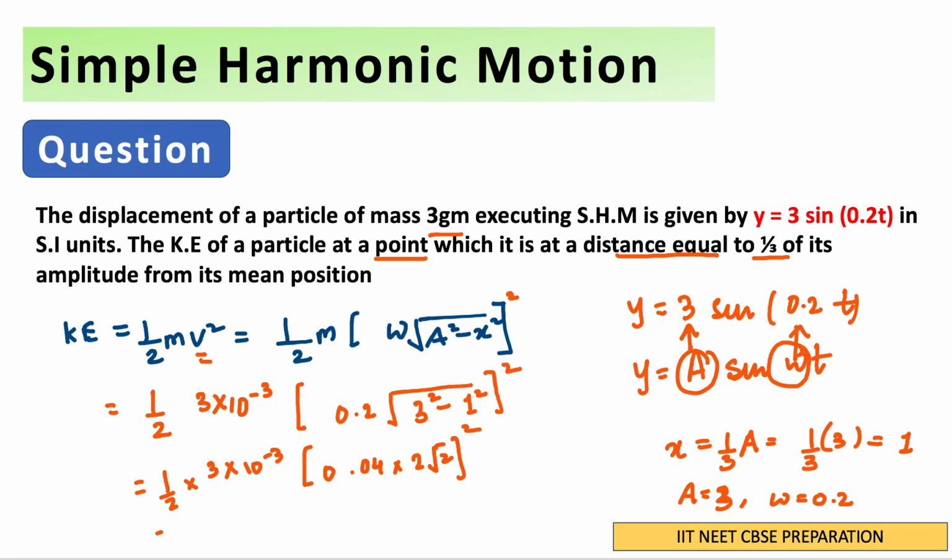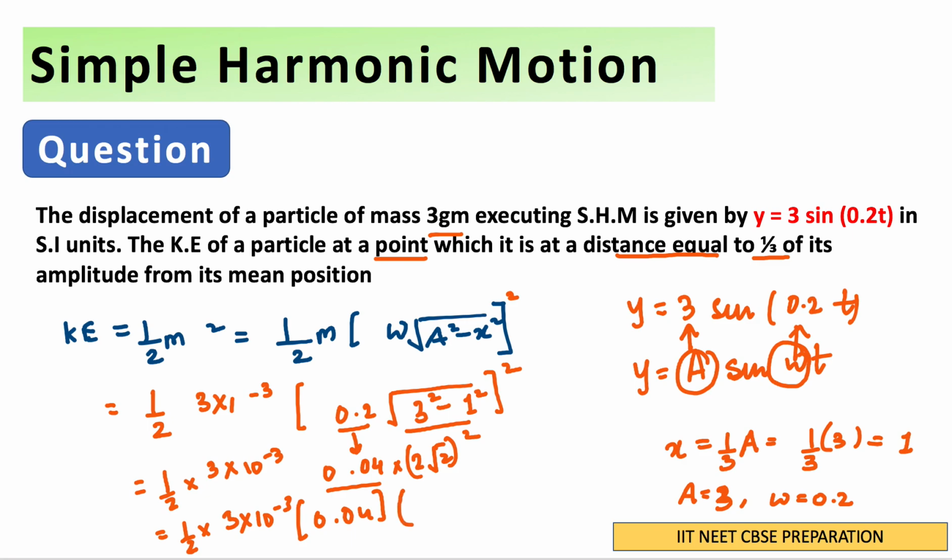So 0.2 whole square we have already done, and 2 root 2 whole square is going to be 4 into 2, that is 8.